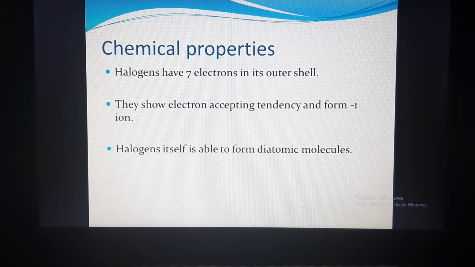When you take fluorine from the atmosphere, it is in the form of F2, a diatomic molecule. Chlorine is in the form of Cl2, because a single atom existing alone is not possible. They are very reactive and combine with the same halogen, forming diatomic molecules.